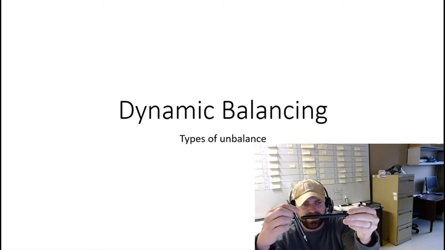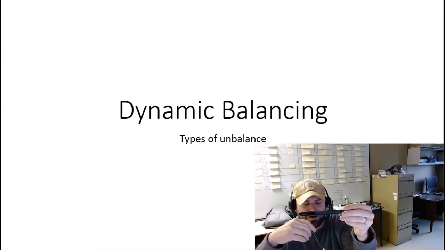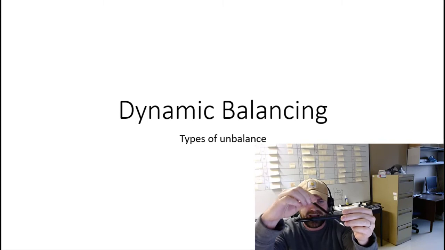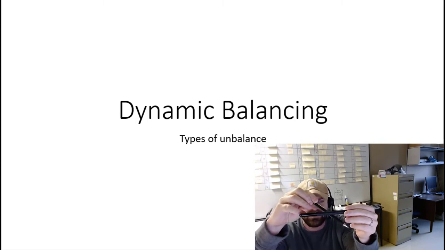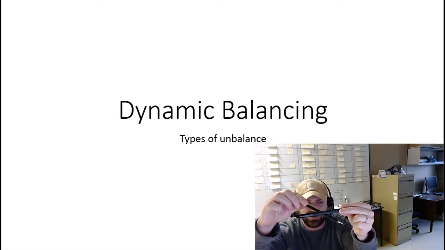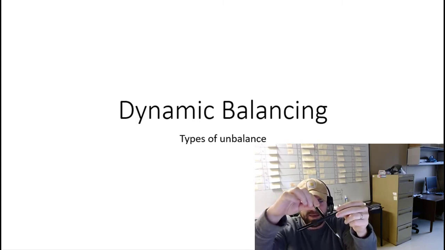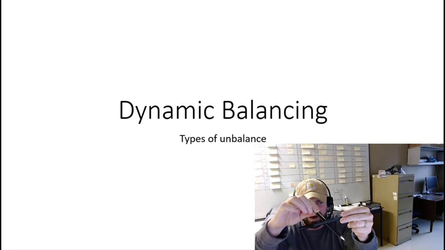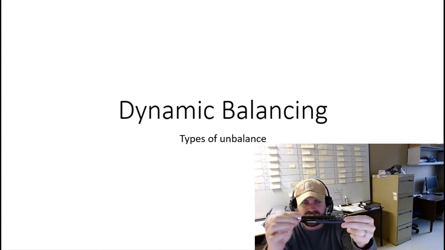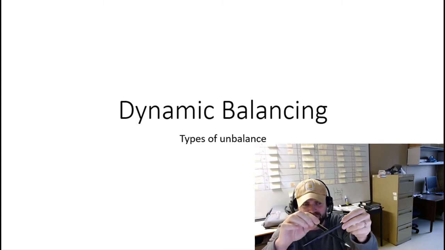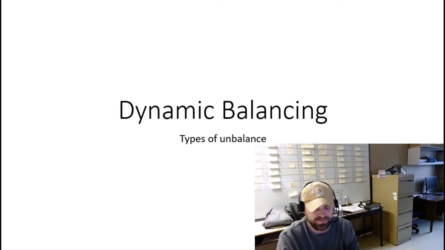But then if I took that same weight distribution and looked at it, I'm going to have an actual central principal axis, and that's not going to coincide. They're going to look slightly different. How that central principal axis and that rotating center line relate to each other is going to determine the type of imbalance that we have.